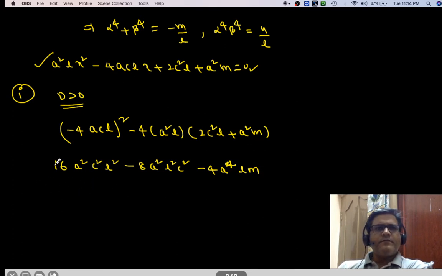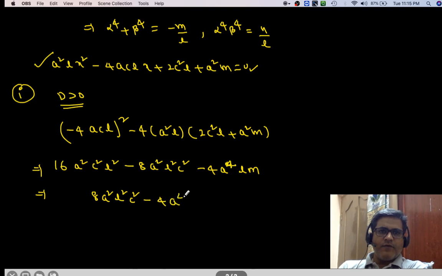So this implies 16a²c²l² − 8a²c²l² is 8a²l²c², minus 4a⁴lm. Now from these two terms you take out 4a⁴l² common.